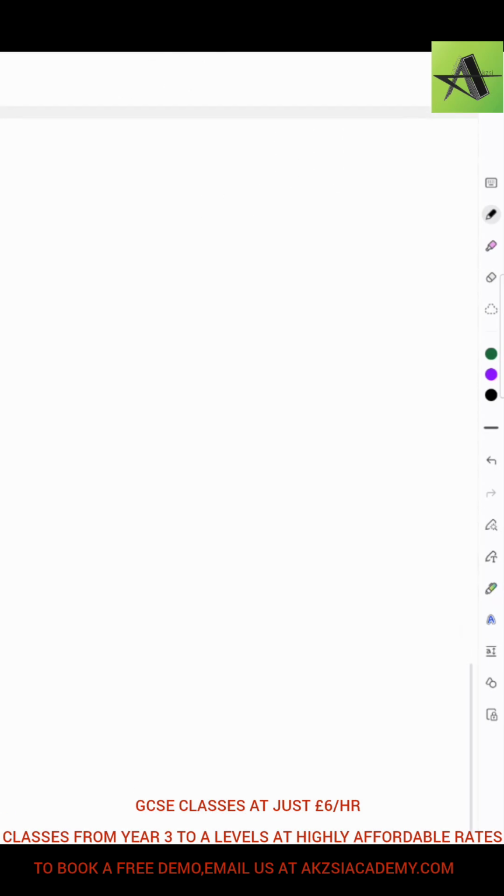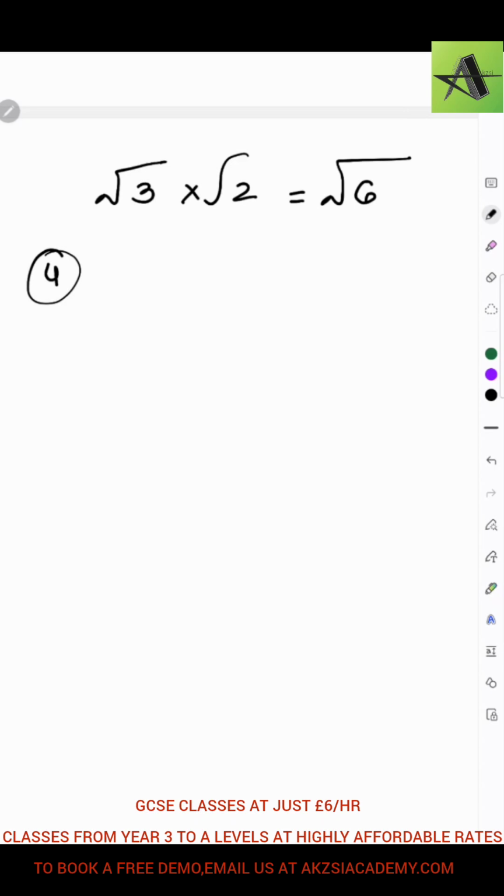If the two numbers are entirely different, two surd numbers like root 3 times root 2, I can write root of 3 into 2, which is root 6. That means our fourth rule deals with the multiplication of two different numbers. Root m times root n is equal to root of mn.